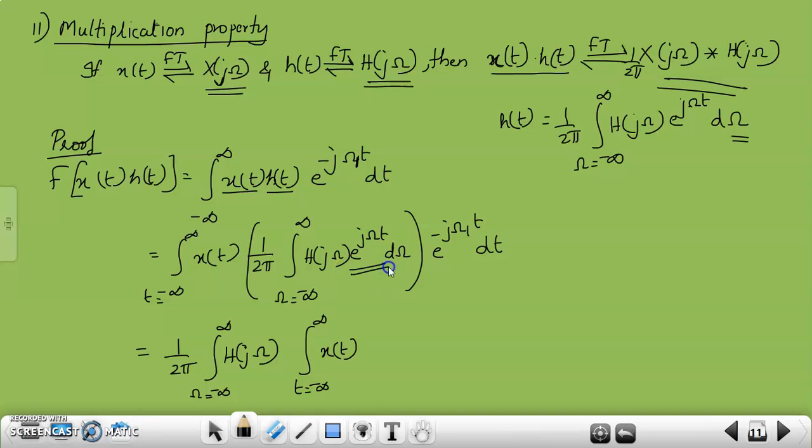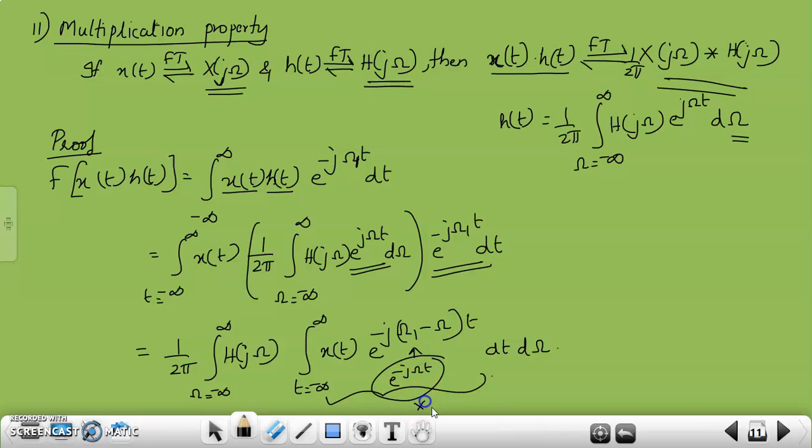Now I have e raised to j omega t and e raised to minus j omega 1 t, so this is equal to e raised to minus j (omega 1 minus omega) t dt d omega. In this equation, if you have e raised to minus j omega t, instead of this I will be writing it as X of j omega.